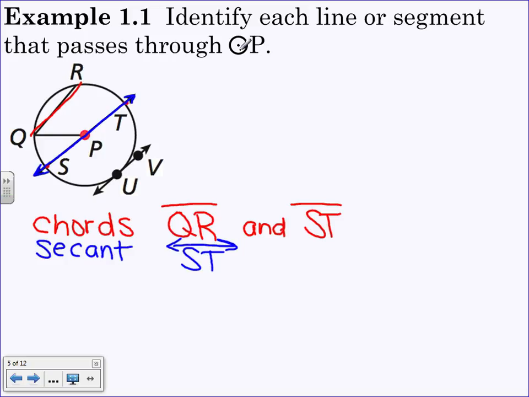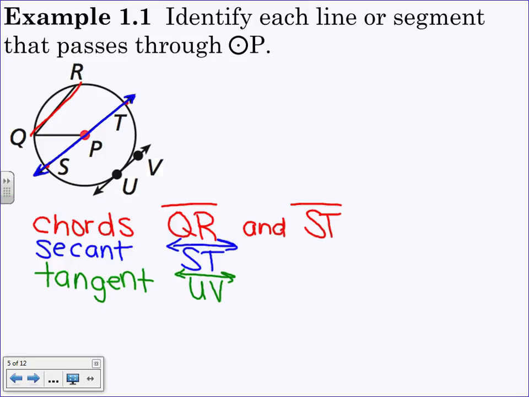UV would not be a secant because it doesn't intersect the circle in 2 points. But UV would be our tangent line, because it's a line that intersects the circle at only 1 point.